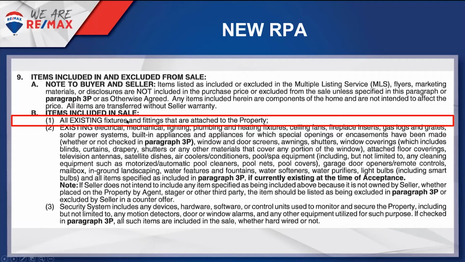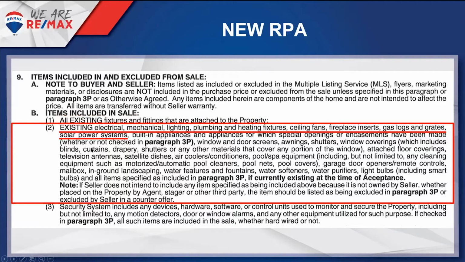All existing fixtures and fittings attached to the property. That's a general description. Paragraph 9B2 goes into some detail. So all existing electrical, mechanical, lighting, plumbing, heating, ceiling fans, fireplace inserts, gas logs and grates, and solar power systems, they're included. Built-in appliances, that's why the dishwasher.